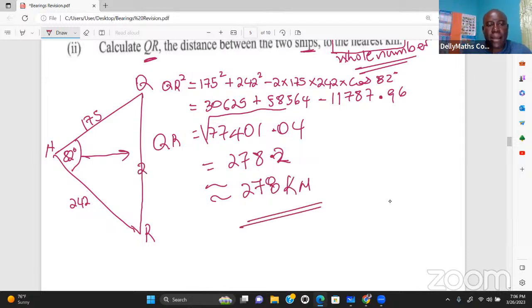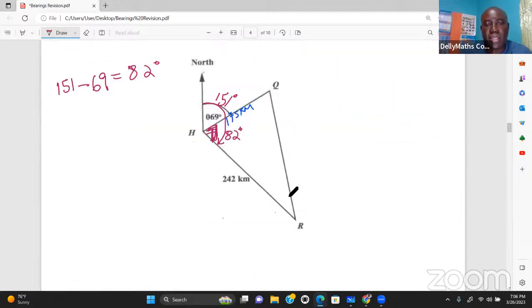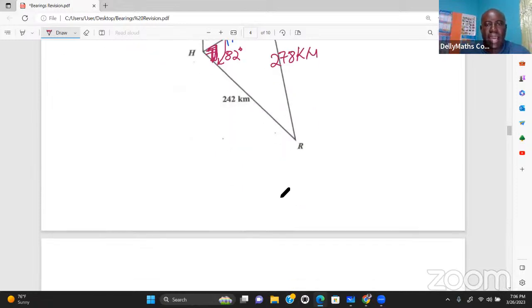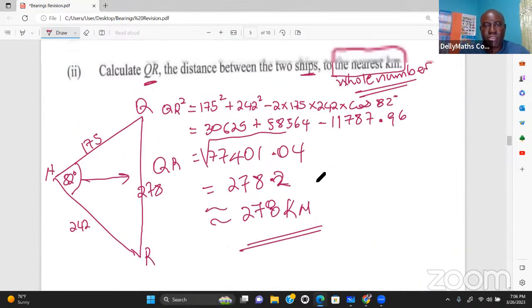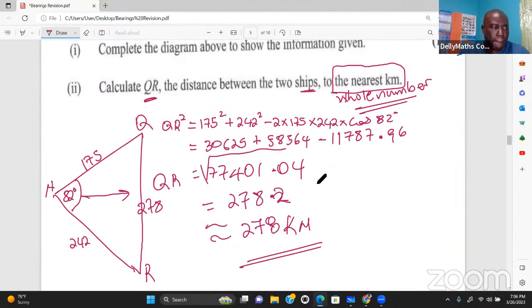So I normally put on my labeling here, right? So 278, I want to put it on this here. All right, so there it is. That's 278 kilometers for that. All right, so as you go, again, it's the cosine rule again. And this was because of the information, how we got it.